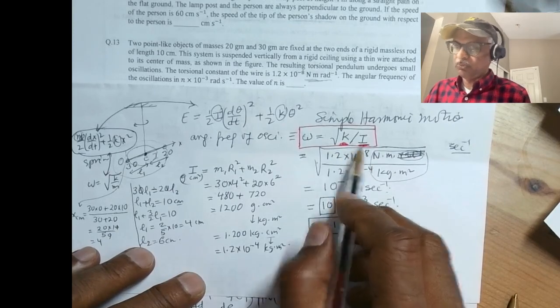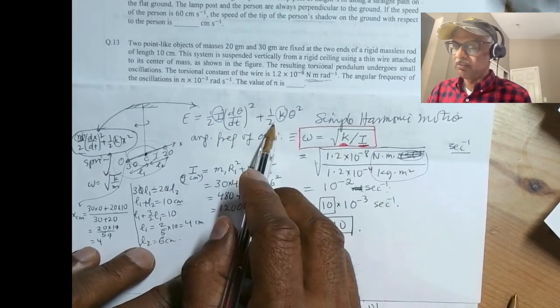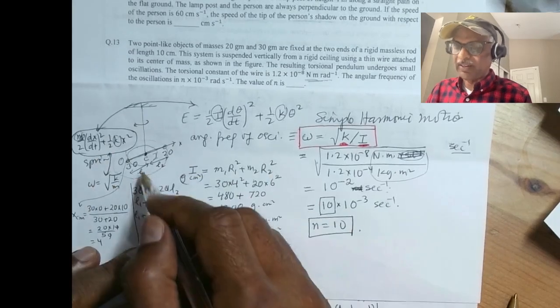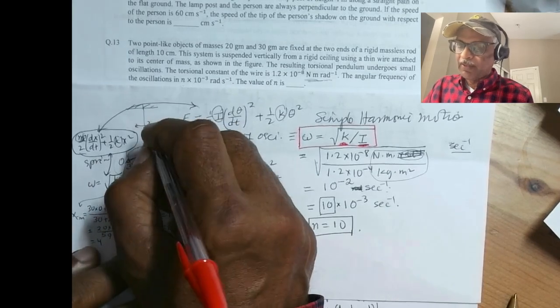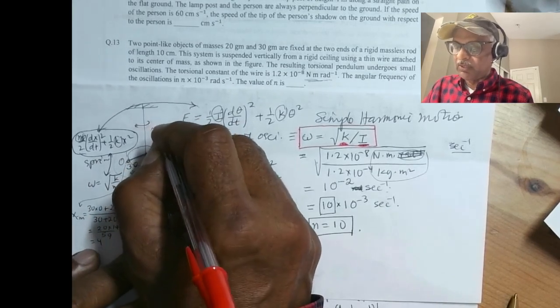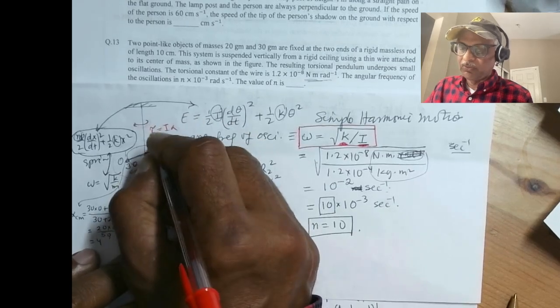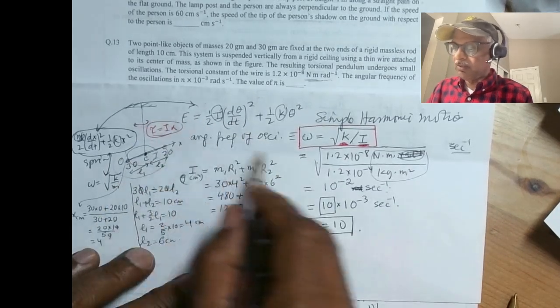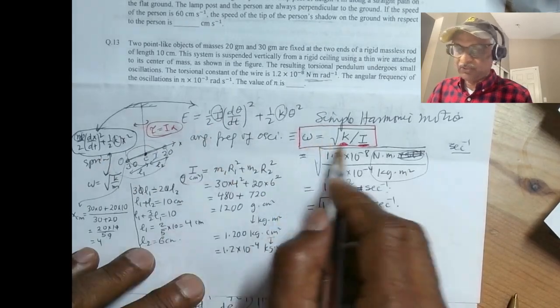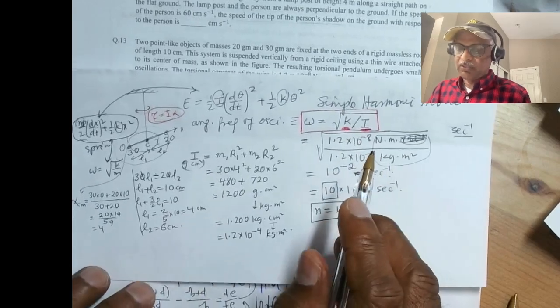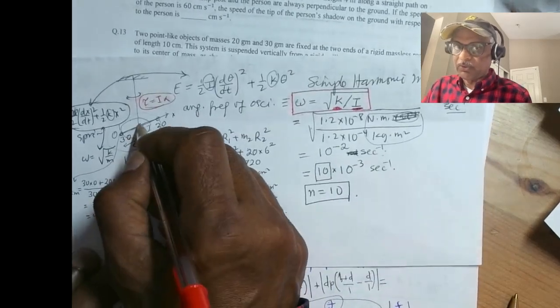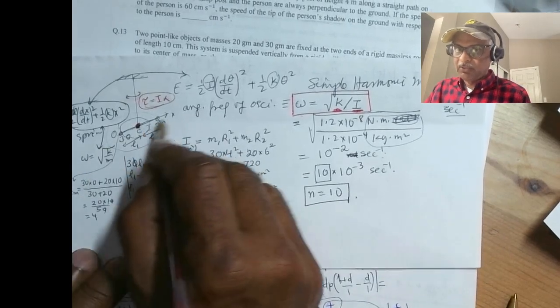If you know this ratio, whether it came from the analogy with the spring, or you write down the equation of motion, torque equals I alpha, whichever way you get that, you have to know this. Another critical thing is to find the center of mass.